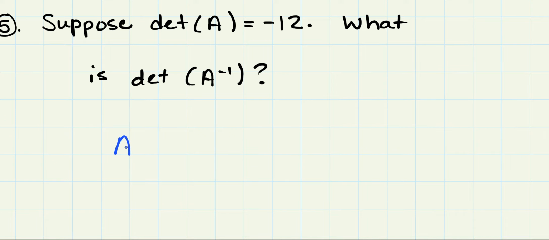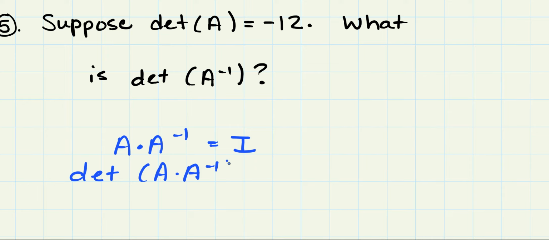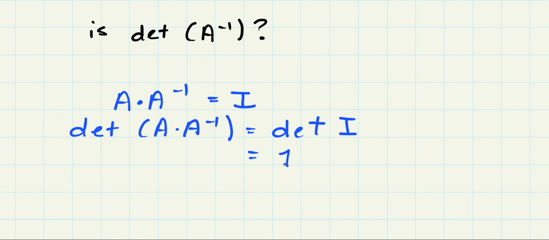So we know that A times A inverse is the identity matrix. So then the determinant of A times A inverse is going to be the determinant of the identity. Well, the determinant of the identity is 1. And this side is the determinant of A times the determinant of A inverse.